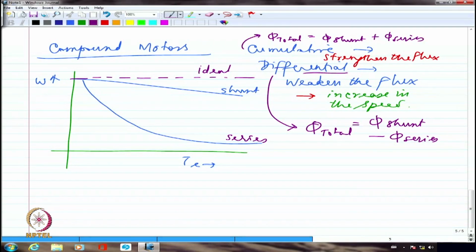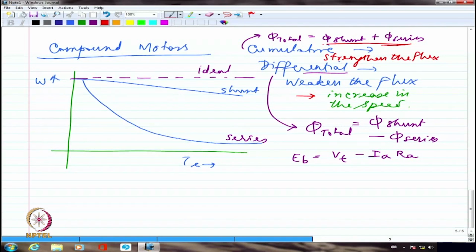Please realize that EB equals VT minus IaRa. If Ia is increasing, I'm going to have a slightly lower value of EB, although the difference is not much. But if the flux is also increasing because Ia has increased, then the speed has to come down, because EB is proportional to phi total multiplied by the speed.